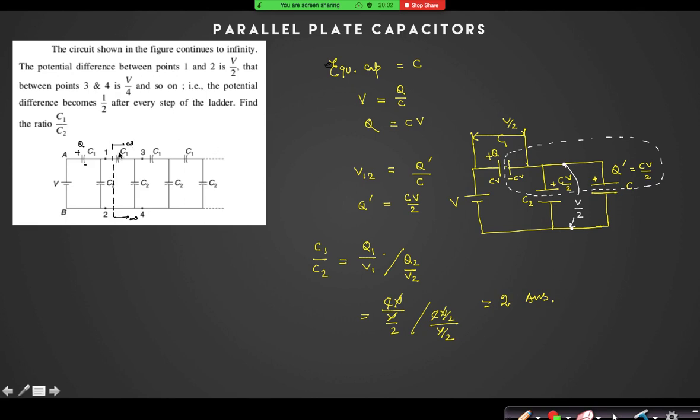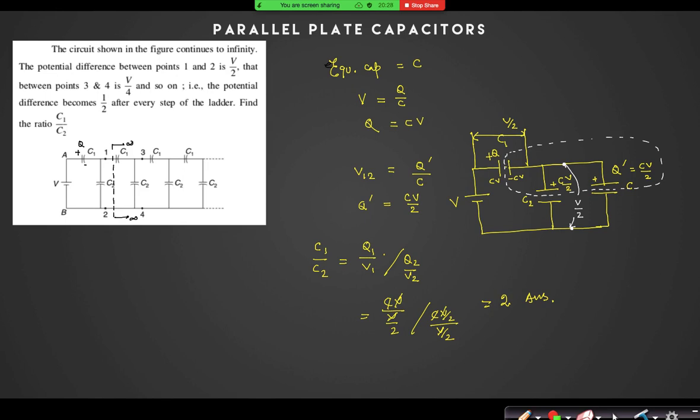right? Also, if you want to calculate the equivalent capacitance, you can find it from this equivalent circuit, right? In terms of C1 and C2 you will find the equivalent capacitance also, but that is not the question we have to find here. Sir, we can also do it by finding the equivalent capacitance. Yes, you can do it that way, with the equivalent capacitance.